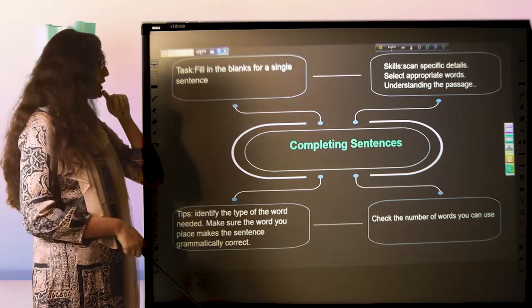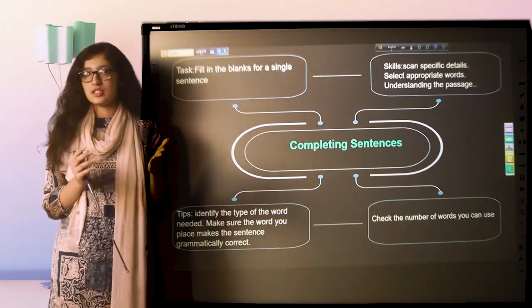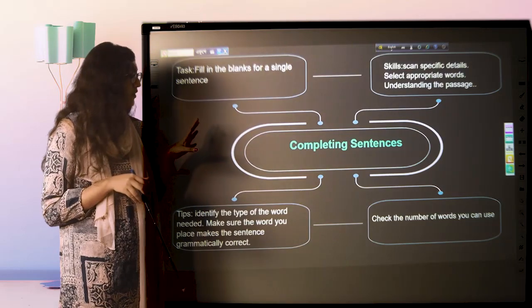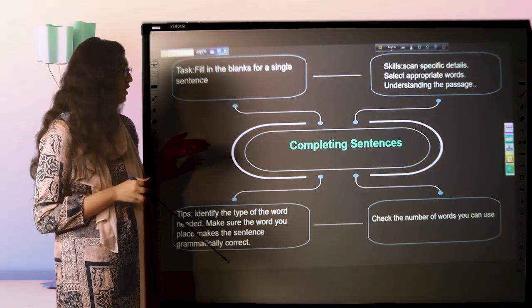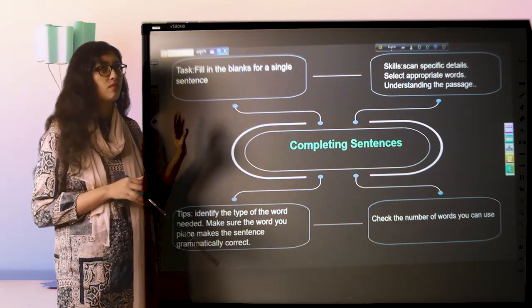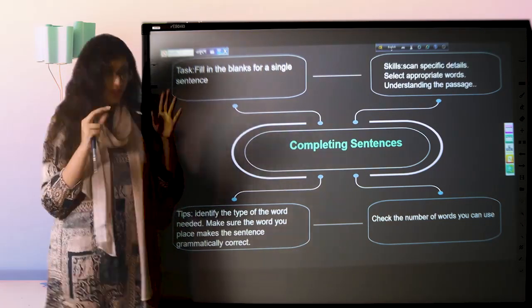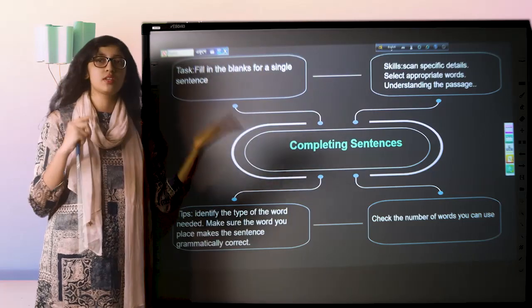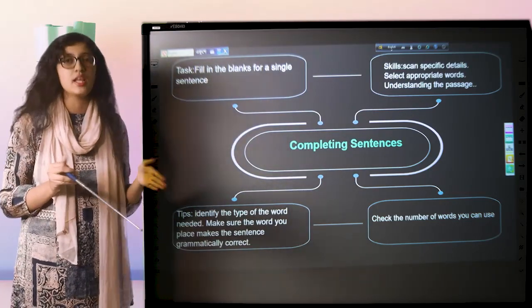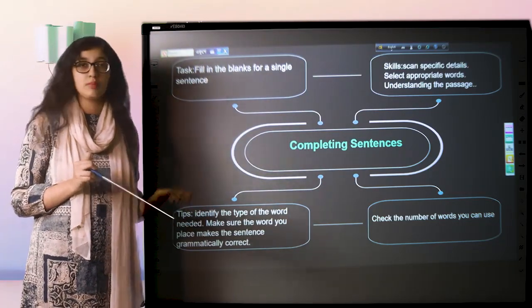Next, we're going to talk about completing sentences. The questions related to this are very simple. So you have a sentence and you have a blank in between, or maybe after the sentence or at the beginning of the sentence, somewhere in the sentence, and you will have to fill in the blank.